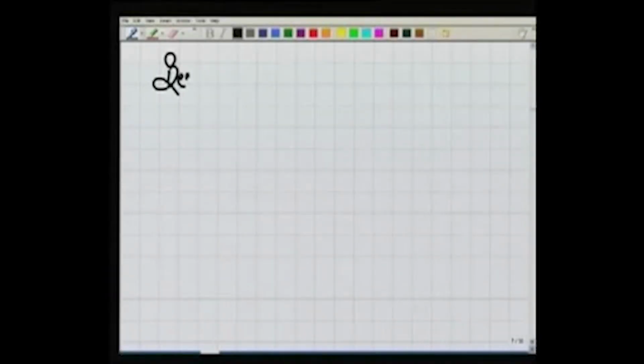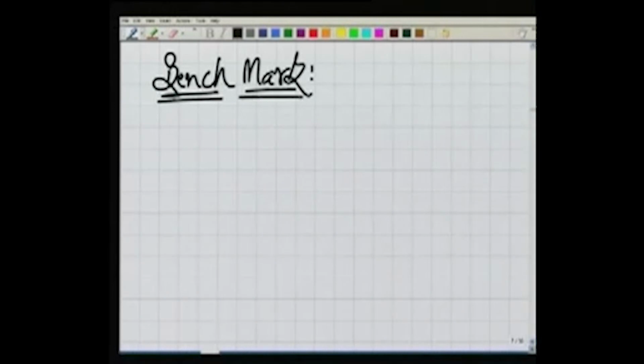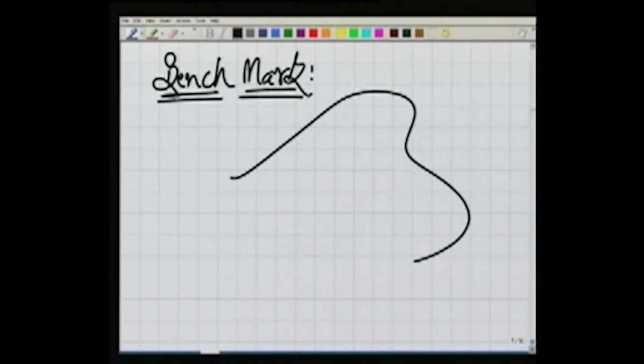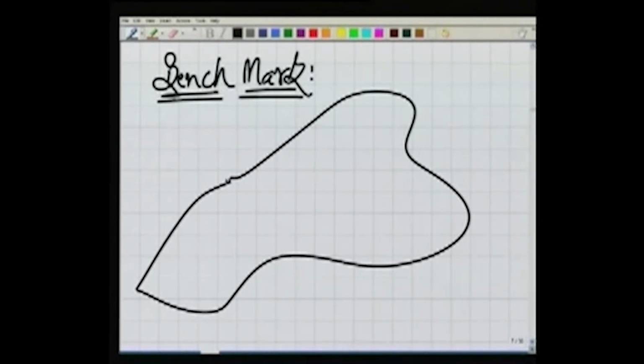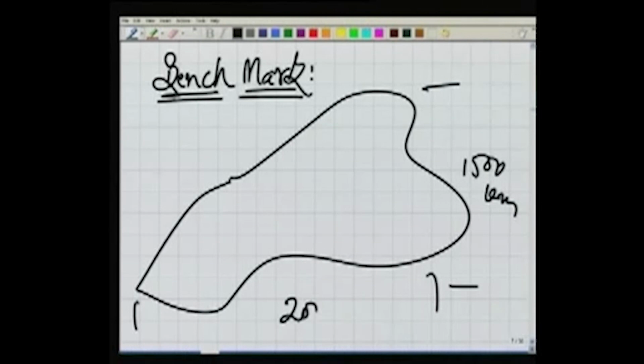Now another term which we are going to talk about is benchmark. As I said, in a big country, the dimensions are, say, 1500 kilometers and 2000 kilometers.